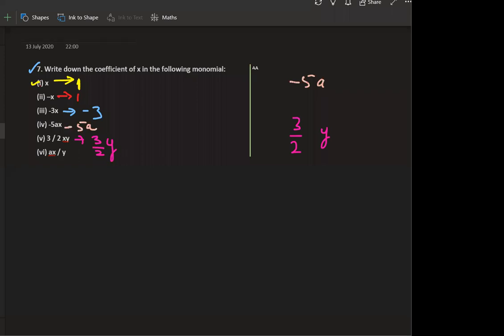Now what is the coefficient of x in ax upon y? So in ax upon y, remove x. So you will get a upon y only. So your coefficient is a upon y. These are the answers. Got it?